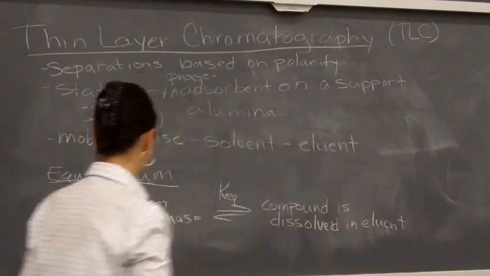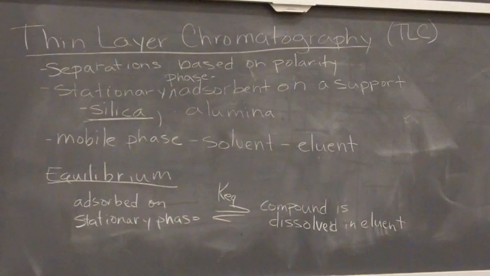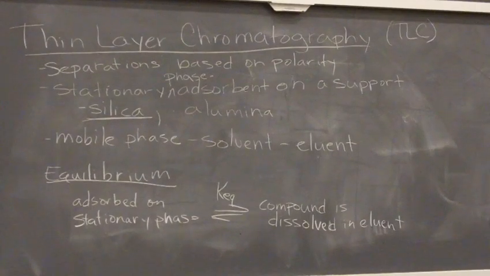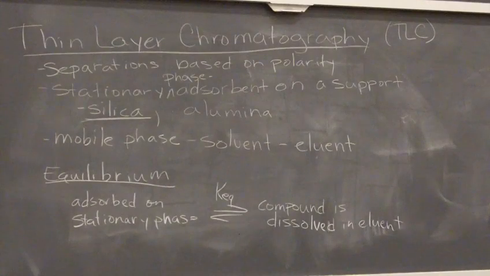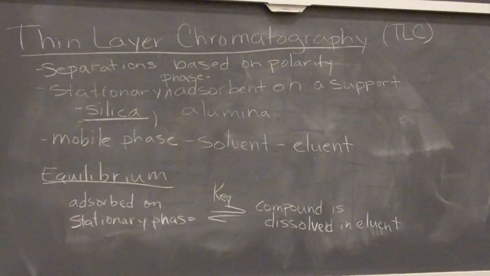All right? Now, silica is fairly polar, okay? So the separation is based on polarity. Silica is fairly polar. Where do you think the polar compounds hang out? With the silica, right?